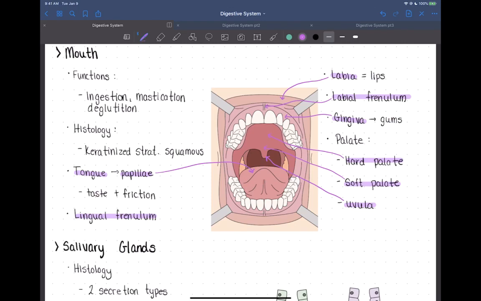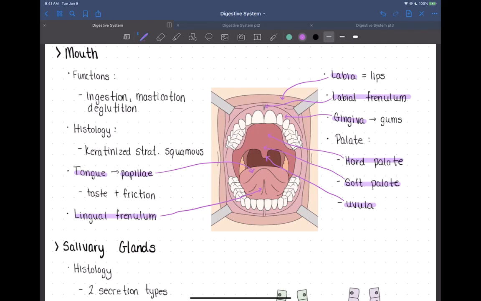And you should remember from A&P 1 when you learned about taste, a lot of those bumps contain taste buds that are involved in taste, but it also helps to provide friction when you're moving food around in your mouth to chew it and form that bolus of food that you're then going to swallow. And then the lingual frenulum here is another piece of connective tissue that connects the tongue to the floor of the mouth.